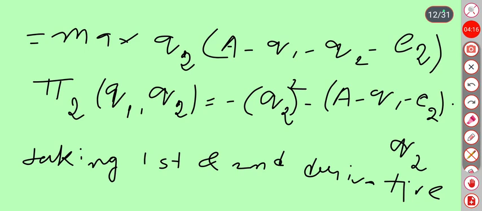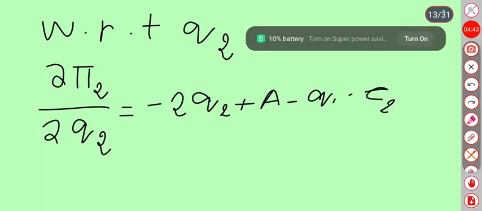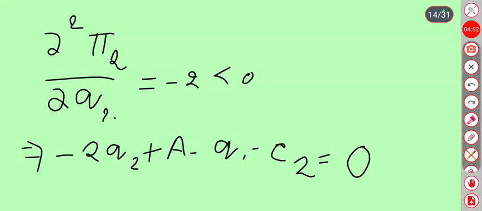We write it in the form minus Q2 square plus (A minus Q1 minus C2) times Q2, because we will take derivatives and it helps to first take the Q2 square term. Taking the first derivative with respect to Q2 of firm 2's profit function, we get minus 2Q2 plus A minus Q1 minus C2, and then the second order derivative with respect to Q2.